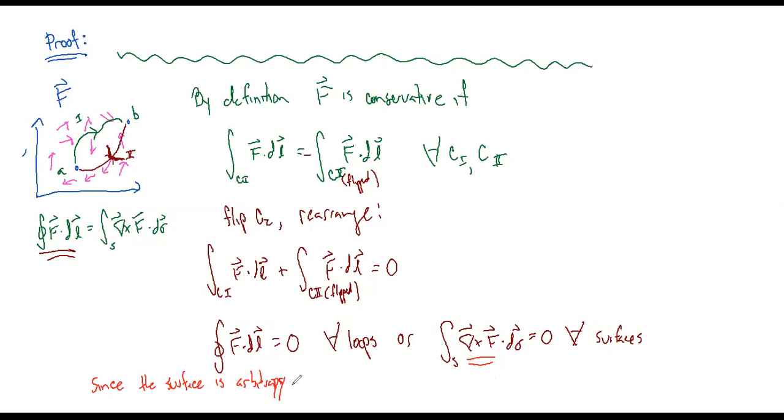Yes, because the surface itself is arbitrary. If there's even one spot where it's non-zero, I can just move my integrand over there and take that integral over that teeny tiny non-zero piece and make this non-zero. So if the surface is arbitrary, this implies that the curl, the integrand, is 0 everywhere. Every single place.